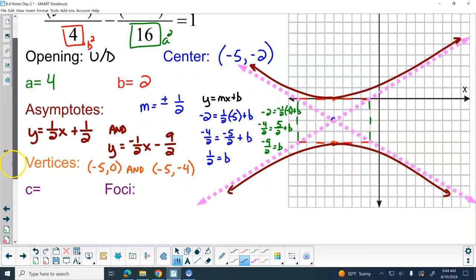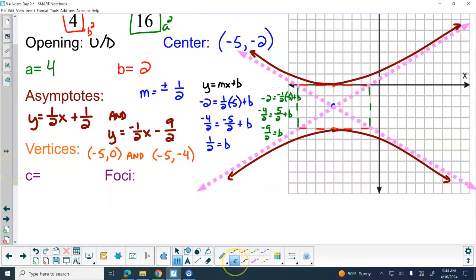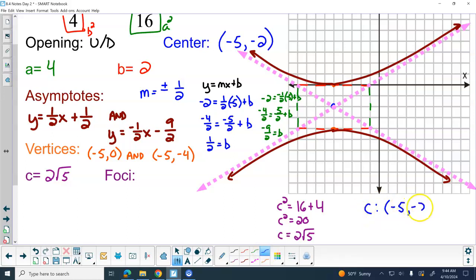We can draw it in. Foci are going to be c squared is going to equal a squared plus b squared. So I get 2 square roots of 5 for my c value. Because it's up down, that means then that we're going to add and subtract onto the y of the center.